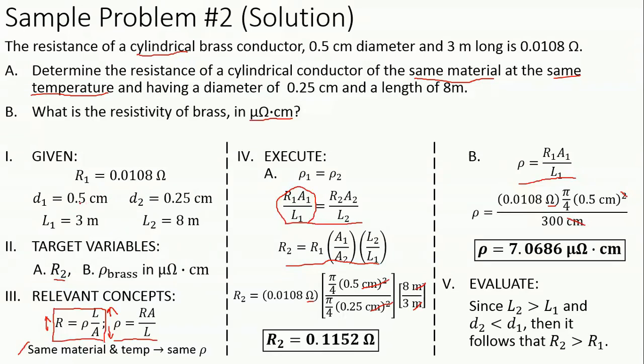Comparing the dimensions, L2 is greater than L1, and at the same time D2 is less than D1, so A2 will be less than A1. For both cases, we expect R2 to be greater than R1.